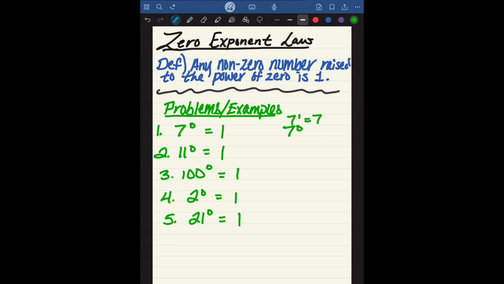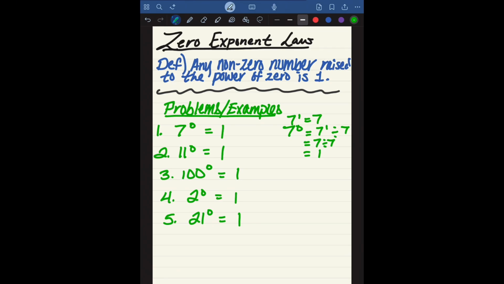If you want to find 7 to the 0 power, it's basically 7 to the first power divided by 7, which is 7 divided by 7 equals 1. That's a further explanation with that, okay? So is everybody good with the zero exponent law? All right, that's good to go.